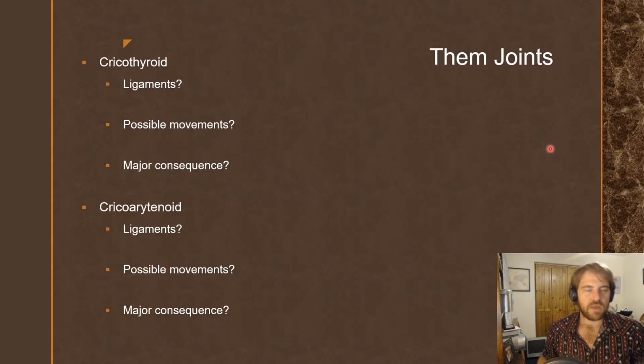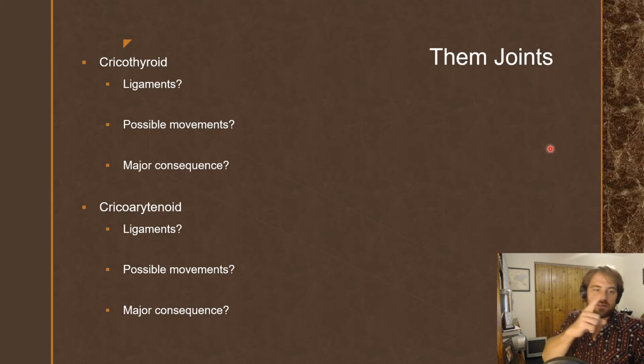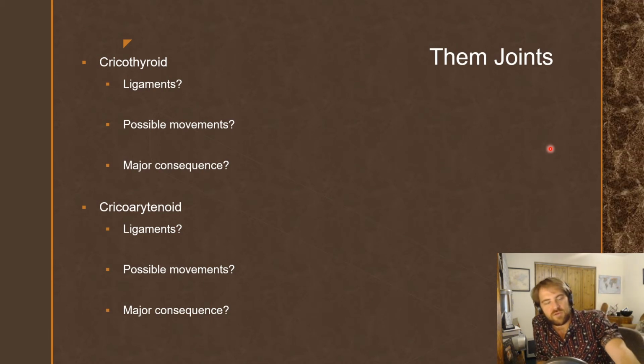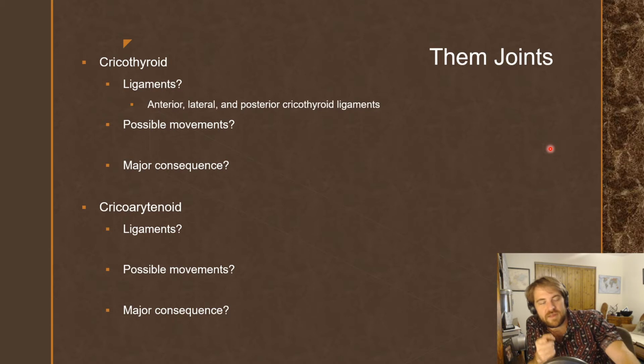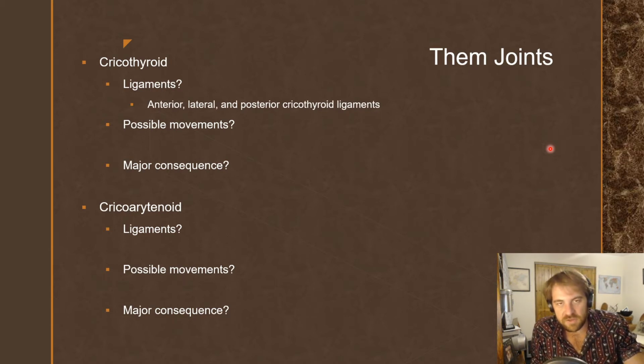Okay. So let's talk about the joints. Cricothyroid joint. What ligaments are present in the cricothyroid joint? There's 3. Yes, good. Exactly. It's the anterior, lateral, and posterior cricothyroid ligaments.